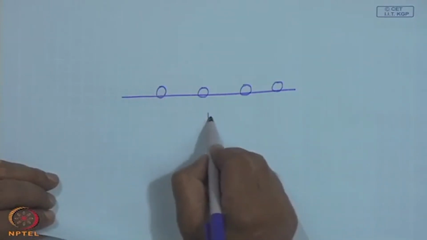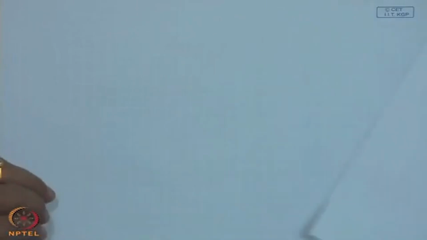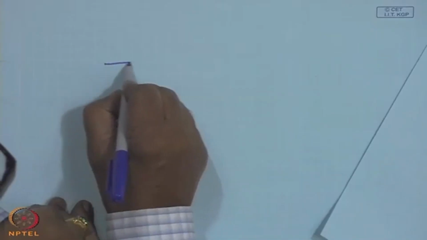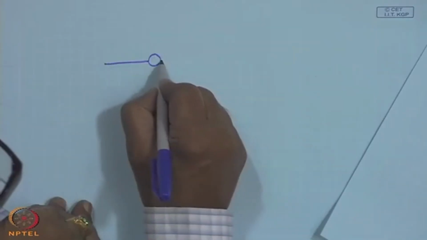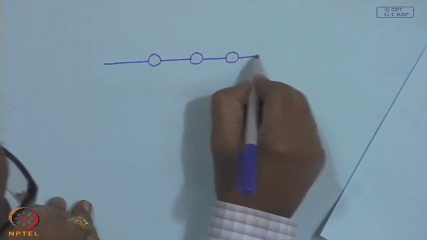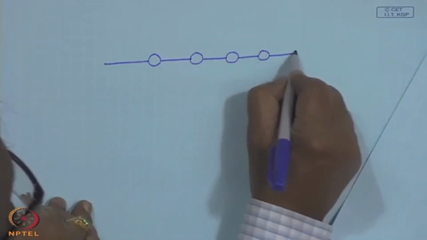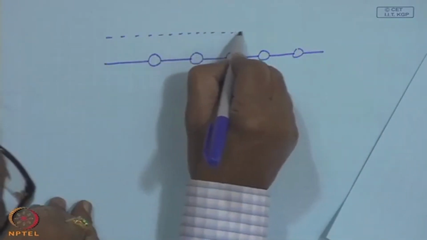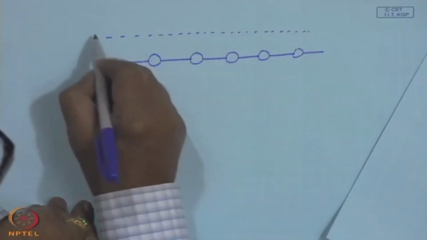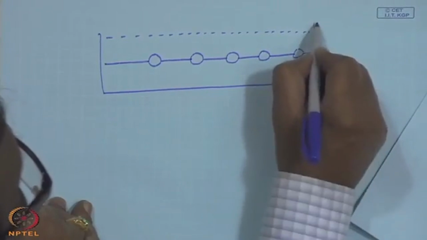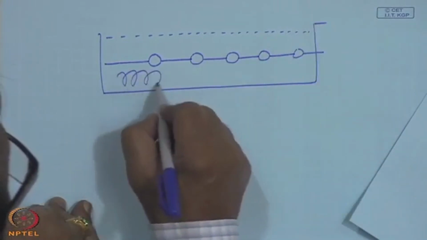This is the configuration B. You may also have a configuration C, where the tube is in the middle, separated by a flat plate, which we call the fin a little later, so on and so forth. Again 1 or 2 glass covers and you have the box with an insulation.